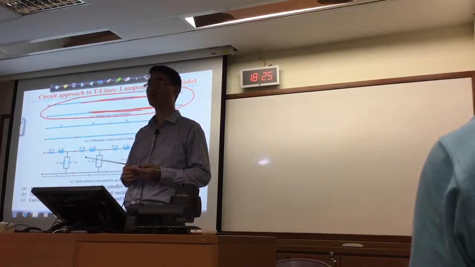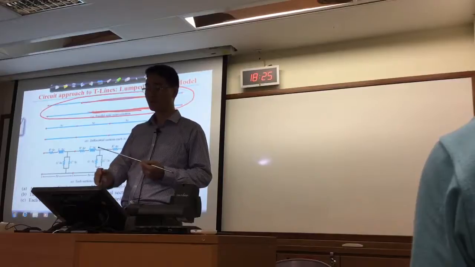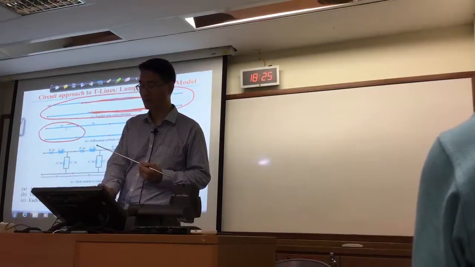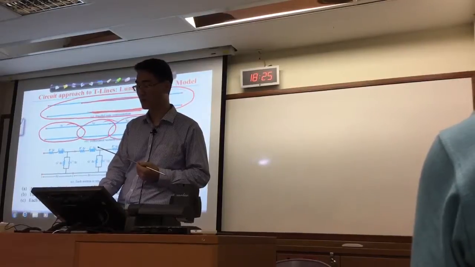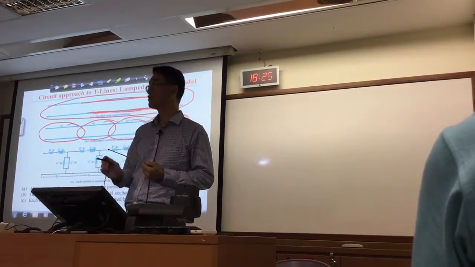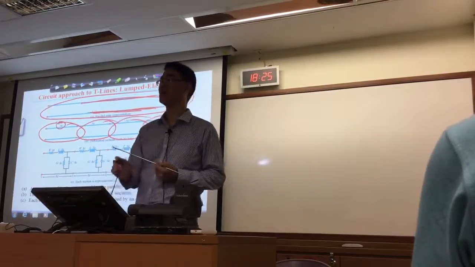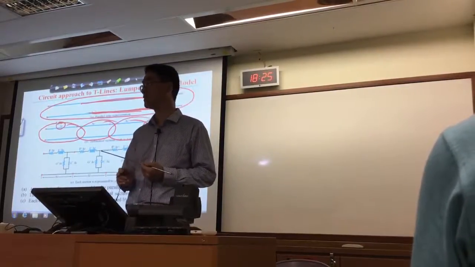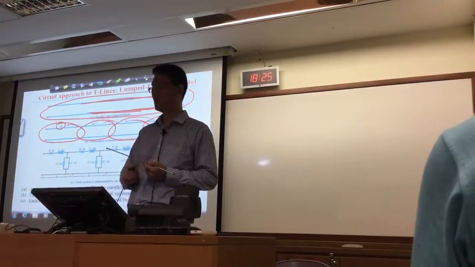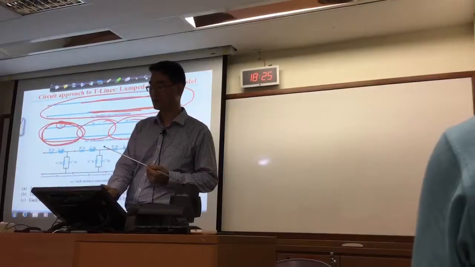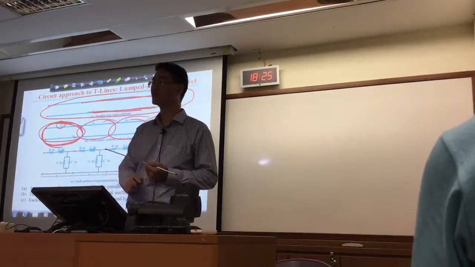What we should do is divide this transmission line into many small sections, right? For each section, suppose the physical length is much smaller than the wavelength. Then we can apply the KVL and the KCL to this very short section of transmission line.